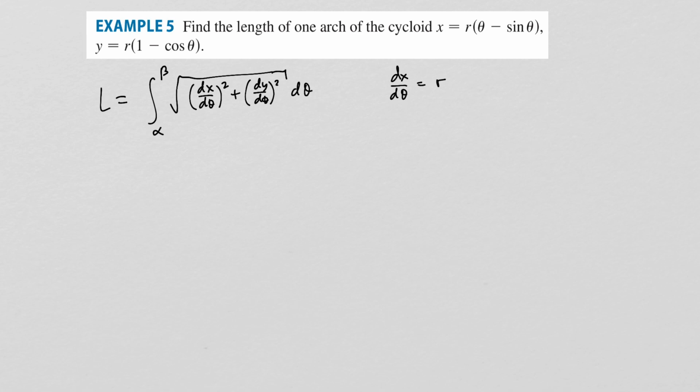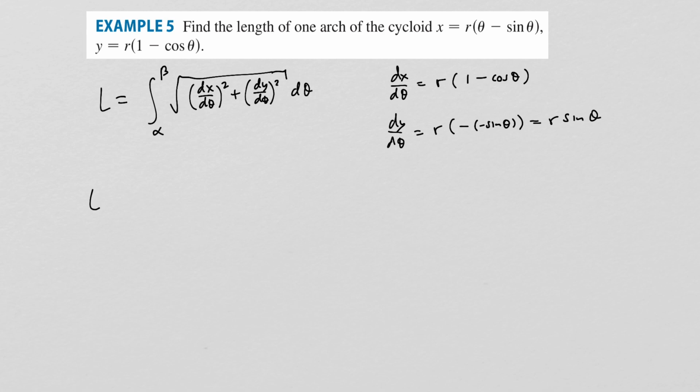This is going to be r times 1 minus cosine of theta. So keep in mind that r is a constant, so we're just taking the derivative with respect to theta of each of those. And then dy d theta, same idea. We're going to have r times negative sine of theta. You might remember that we took these derivatives just a few moments ago.